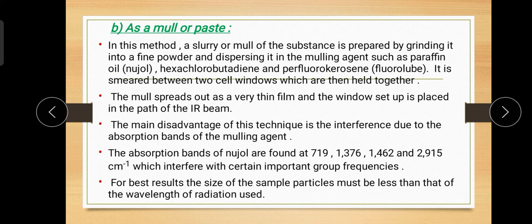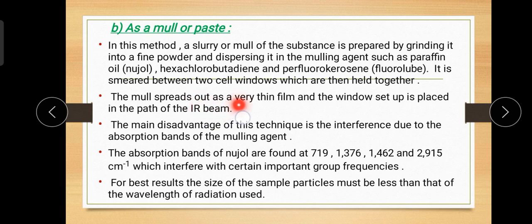All those are mulling agents. We mix this mulling agent with the finely ground solid substance and then smear it between the two cell windows which are held together. In this way we prepare the sample for recording the spectra.